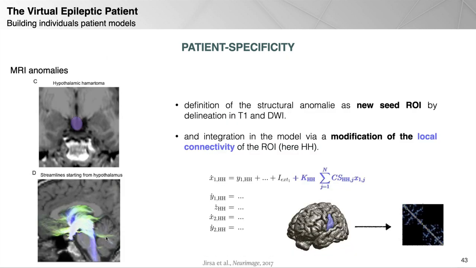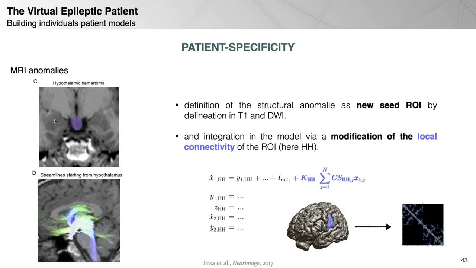Okay, so we will refine. From this patient, we have the structural connectome, but we will also refine his brain. For example, this patient has a positive MRI with a hypothalamic hamartoma, which is a neural mass connected to the hypothalamus, the violet area here.